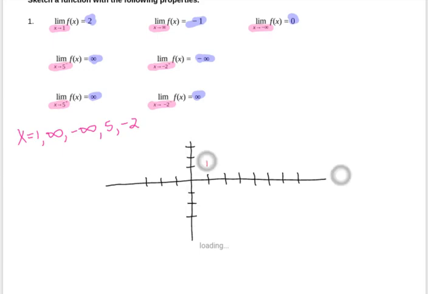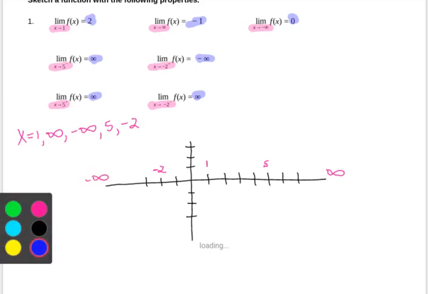So we're going to need something important at 1 for my x value, something important at -2, and 5 is right here. Infinity we know is all the way off to the right. Negative infinity is all the way off to the left. And then let's think about those important y values.